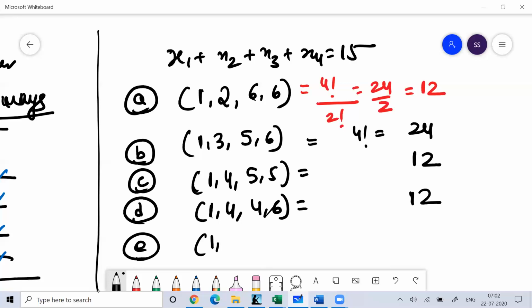Then if I think about 1 comma 5, you should get the sum 9.